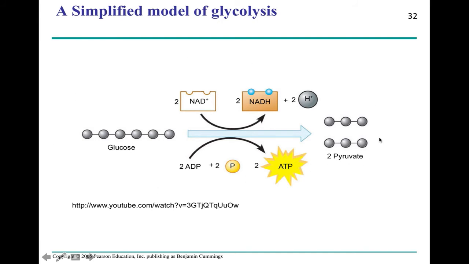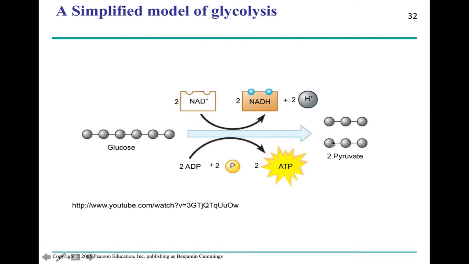So glycolysis is a pathway. It is made of 10 reactions which are happening consecutively. All of them summarized, they have given you the inputs: one glucose molecule, 2 NAD plus, 2 ADP, and 2 phosphates will make 2 pyruvates, 2 NADH, 2 H plus, and finally 2 ATP.